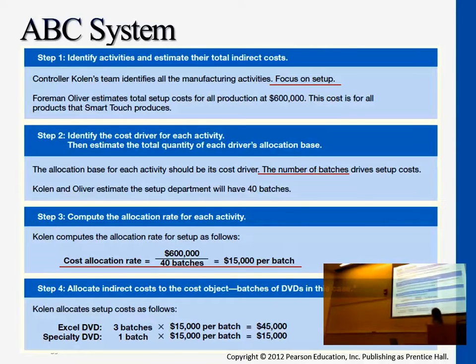The previous one was the rate for case assembly. Now this is another example, the rate for setup cost. Once we know this, the more job orders requested, let's say for Excel DVD, the more setup costs incurred for that particular product line. For specialized, since it's a customized service, if there's only one order, then the cost incurred will only be $15,000.